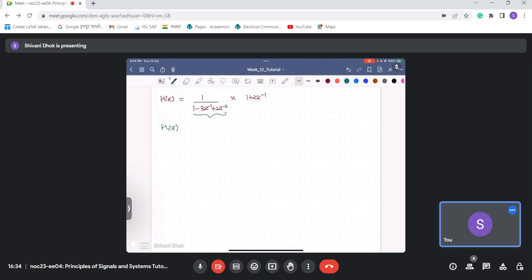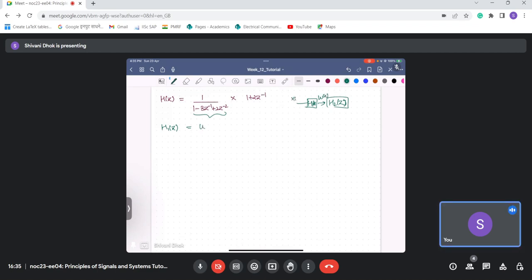H1 of z. This gives me this system: H1 of z followed by H2 of z. Let's say the output of this is w of n, and this is x of n.